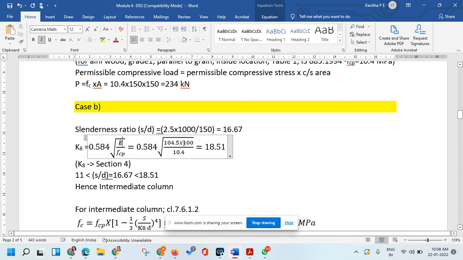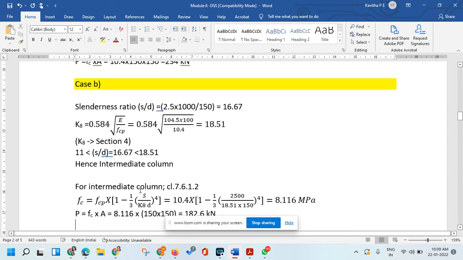There is no such mention in the IS code, but you have to make it as 104.5 into 100, and then FCP value we got it as 104.5. Thus you calculate K8 value, and here it is obtained as 18.51. Now you can see our slenderness ratio 16.67 is between 11 and 18.5. That means it is an intermediate column.